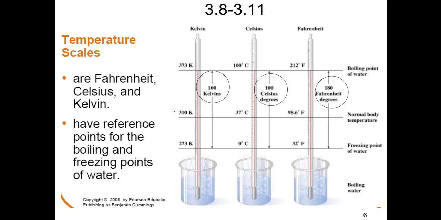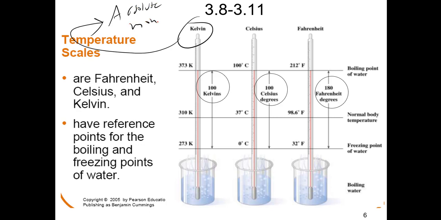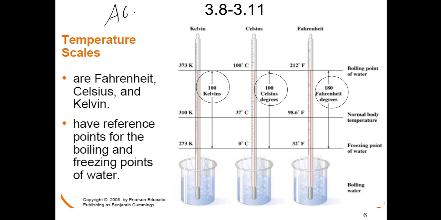Now, I do want to point out that Kelvin is absolute movement. Let me spell that again. Kelvin is absolute movement. So for example, if you are at 0 Kelvin, then there is no movement by any of the particles in a substance.